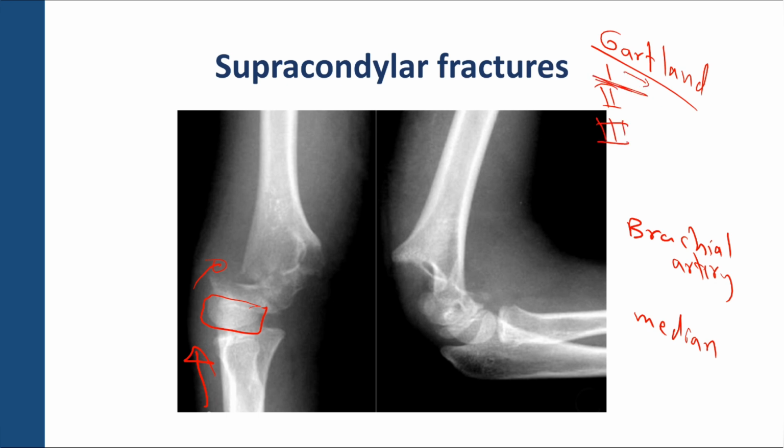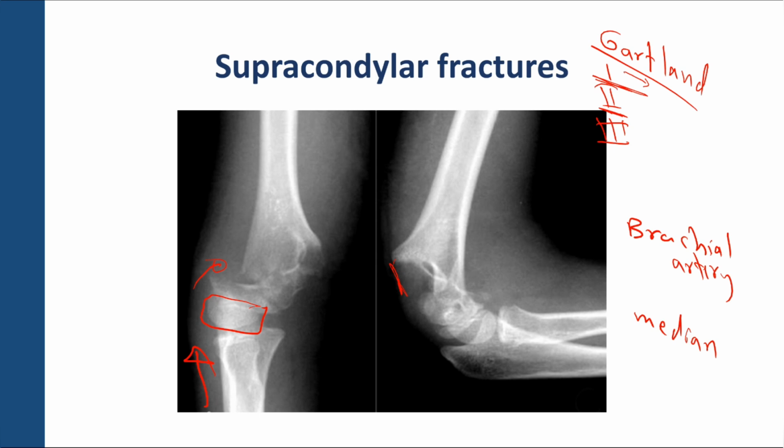In this one, you just put on a back slab and send the patient for follow-up next week with the orthopedician. In type 2, there is displacement with an intact posterior cortex. So the posterior cortex will be intact in that patient. In type 3, there is complete displacement with no cortical contact, no contact between the cortex.